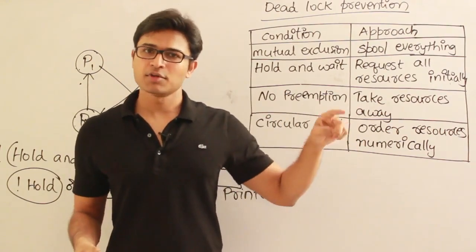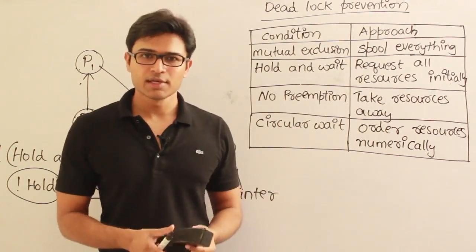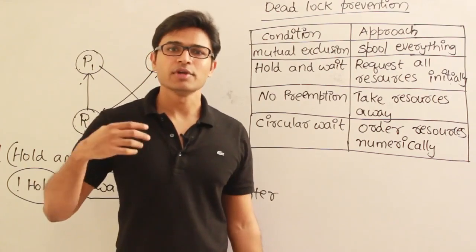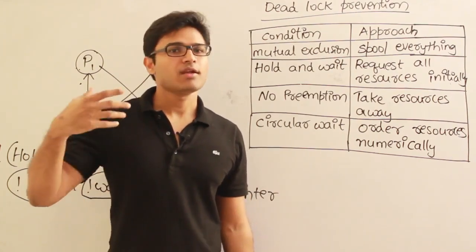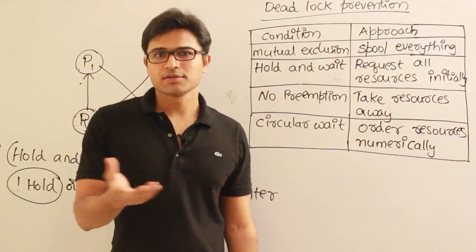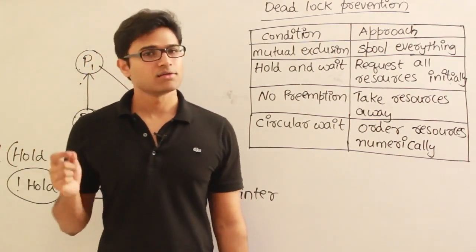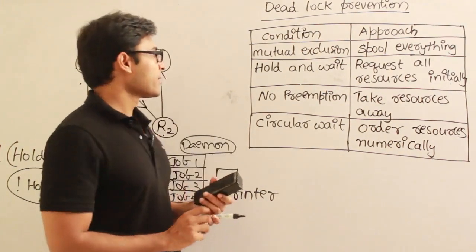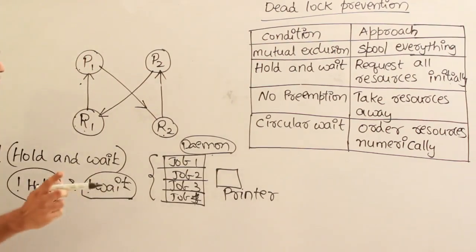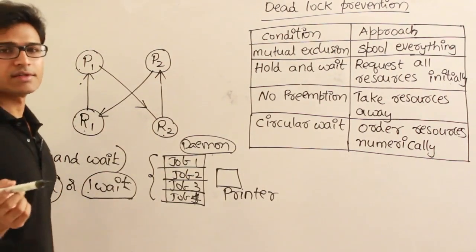Even deadlock avoidance will also have the same problem. The problem is, a process will not be able to declare its need well ahead of its execution. During the execution it can say that I need it, but before execution it cannot say that. So that is a problem here, right? So disabling hold and wait is somewhat problematic, and I don't really suggest that.